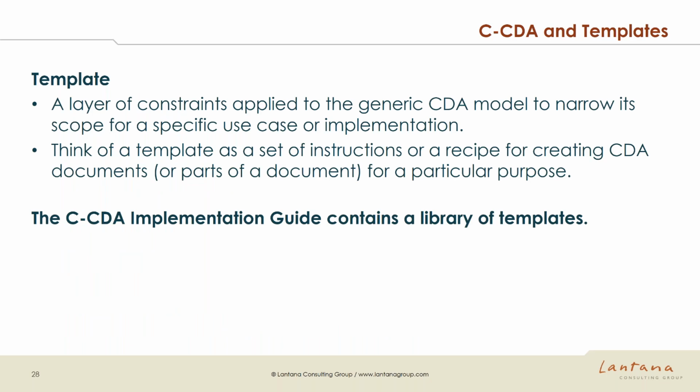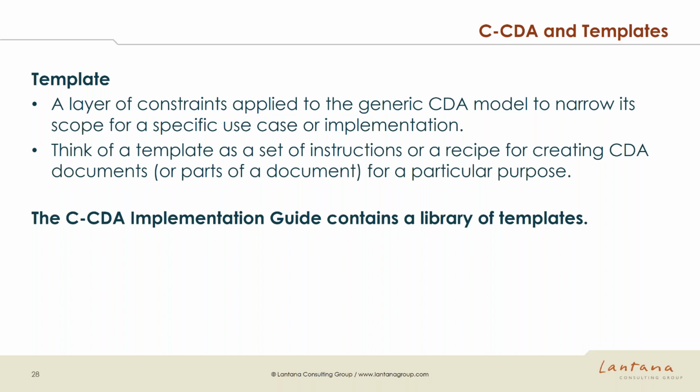So I mentioned templates briefly before, and I'm going to go into a bit more detail on them now. Templates are a layer of constraints that you apply to the generic CDA model to tailor it for a specific use case or specific implementation.